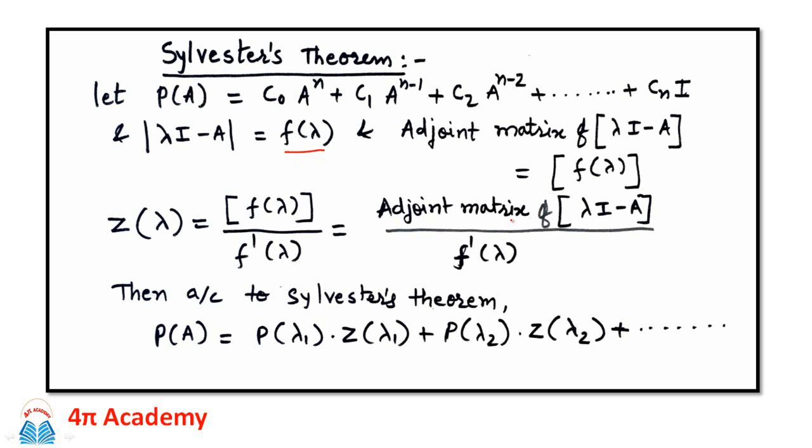So this is our Z of lambda. Then according to Sylvester's theorem, the power of A will be equal to P lambda 1 into Z lambda 1 plus P lambda 2 into Z lambda 2 and so on, where lambda 1, lambda 2, lambda 3 and so on are the eigenvalues.